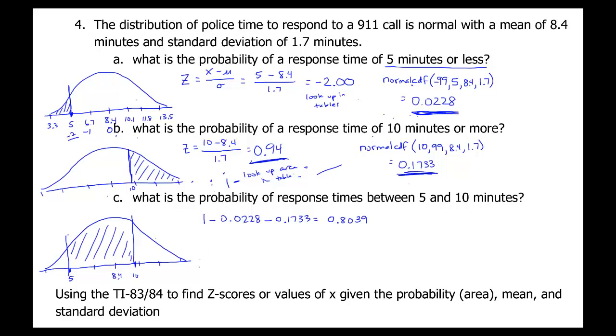If we hadn't already calculated those and you needed to do this in your calculator, you'd use the normal CDF function. The minimum is 5, the maximum is 10, mean of 8.4, and standard deviation of 1.7.